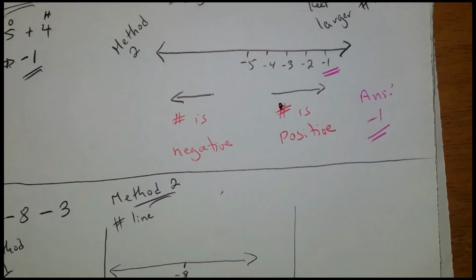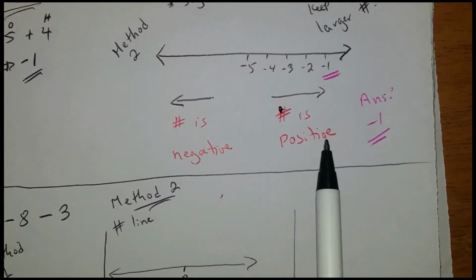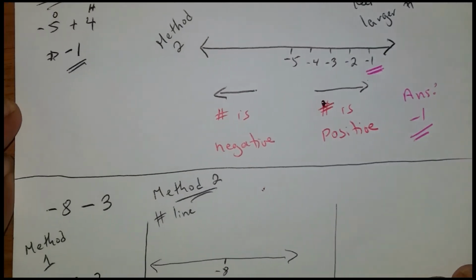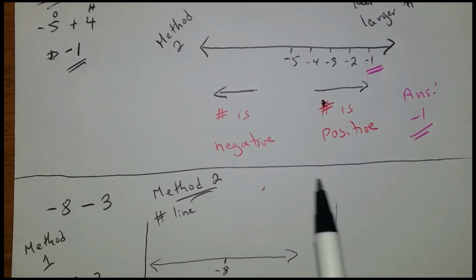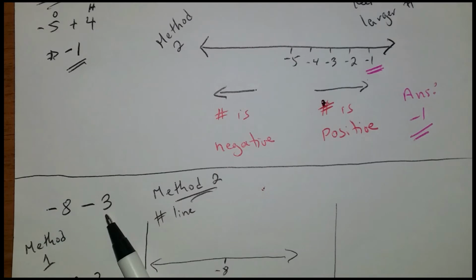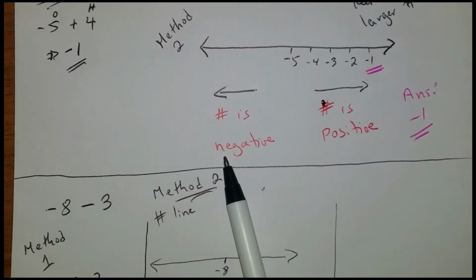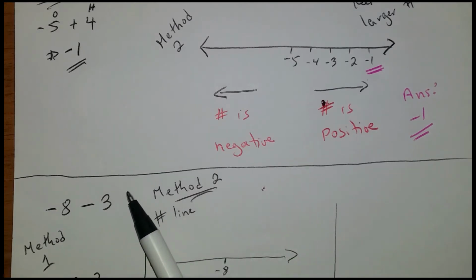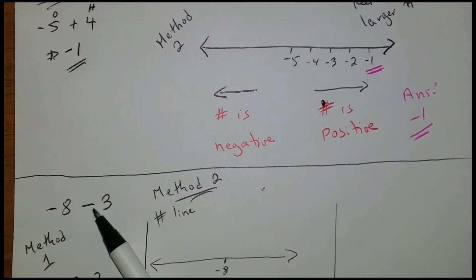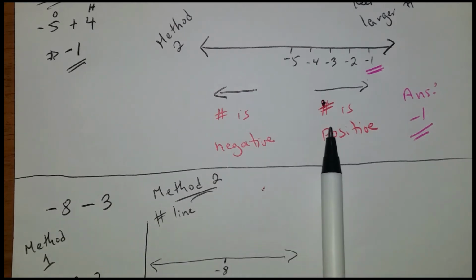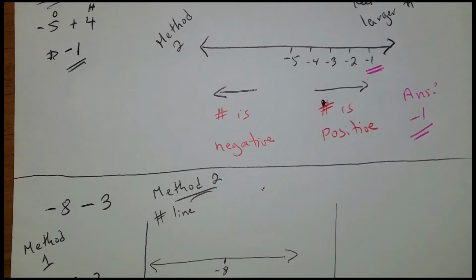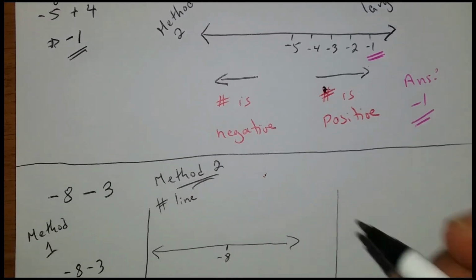If we go back to the top here, we can see the example right there. You can see that if the following number is negative, then you will go to the left. If the 3 would have been positive, then you would have counted to the right. But this one is negative, so let's count to the left.